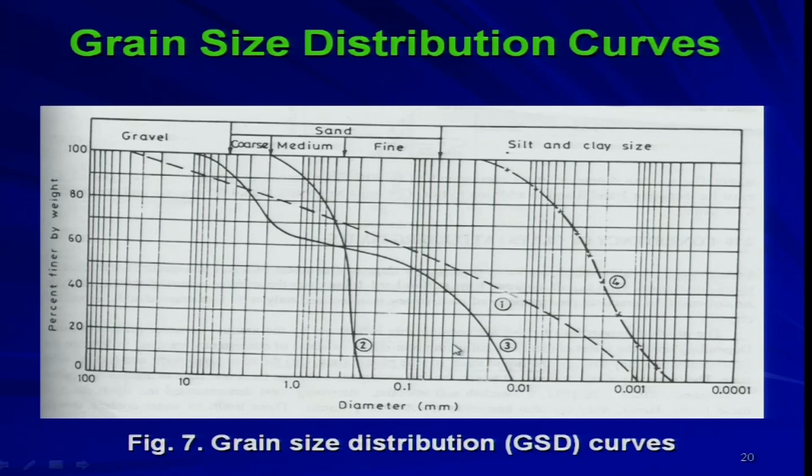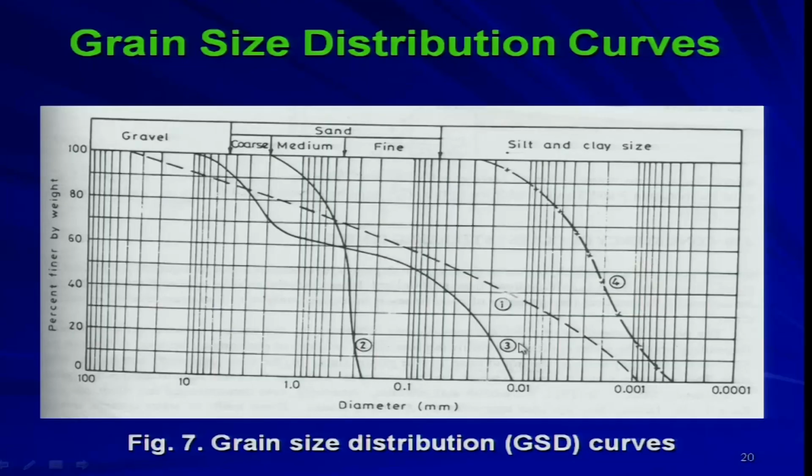Now, what we are observing here, if you look at this curve 1, it starts from here and ends here. That means this is the diameter for which 100% is finer than that diameter. So, this is the largest diameter available in that soil sample, and 100% of the sample is finer than that particular diameter.